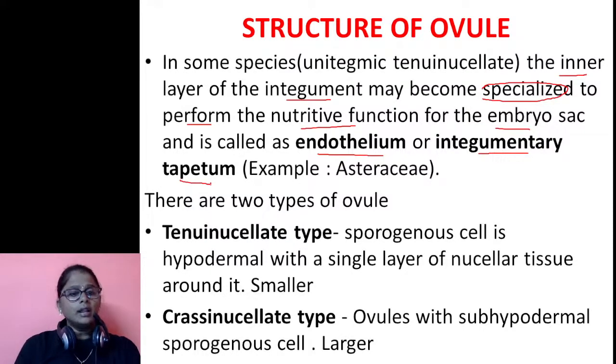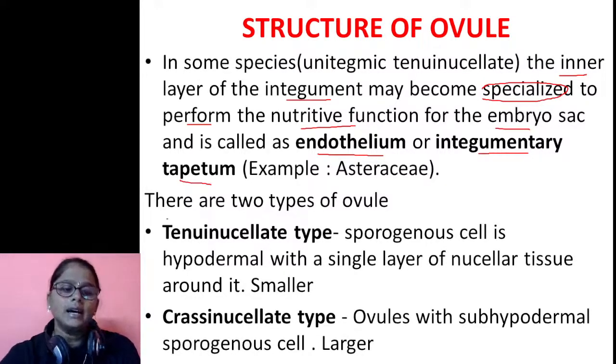So there is another, we are just broadly classifying the ovules on this basis, we are classifying into two types. One is called as tenuinucellate type, another one is crassinucellate type.